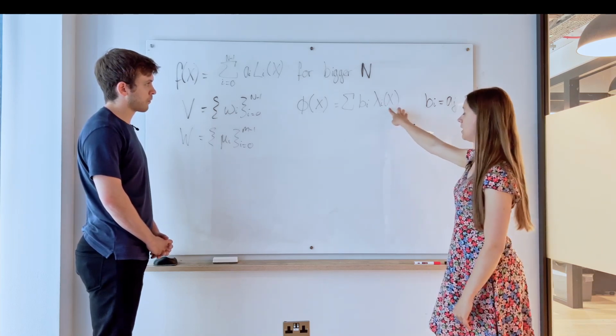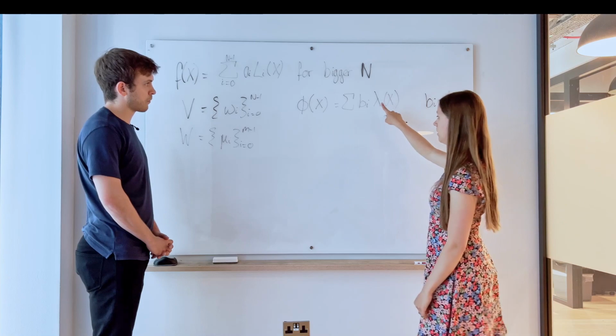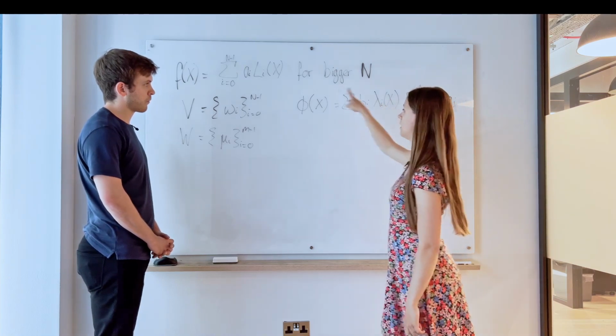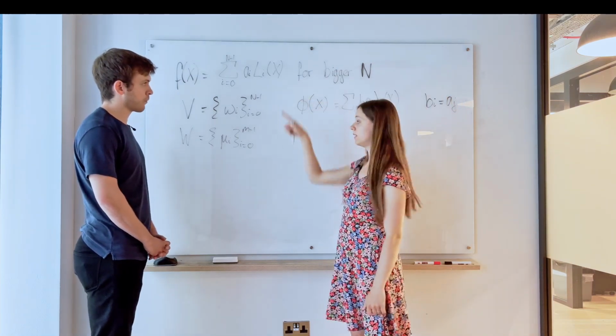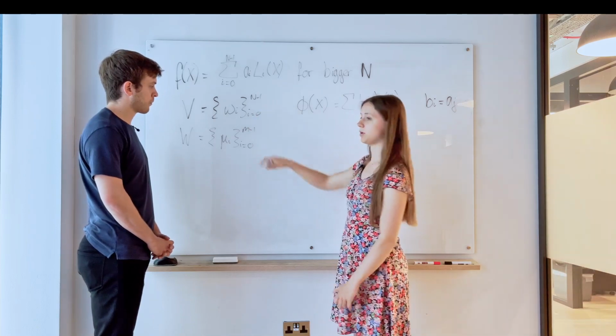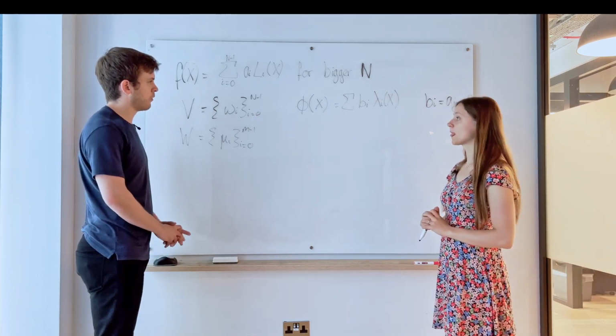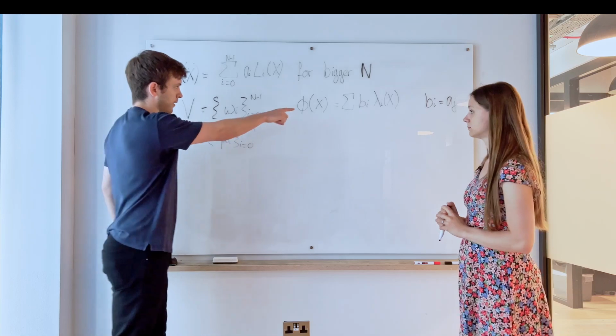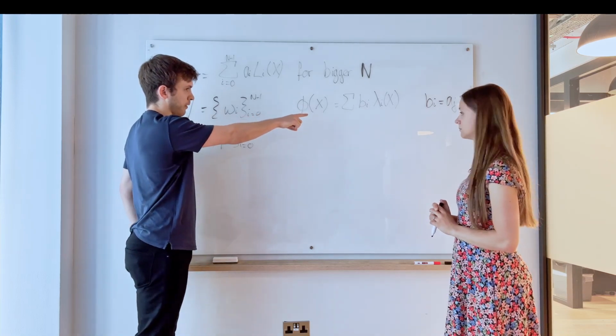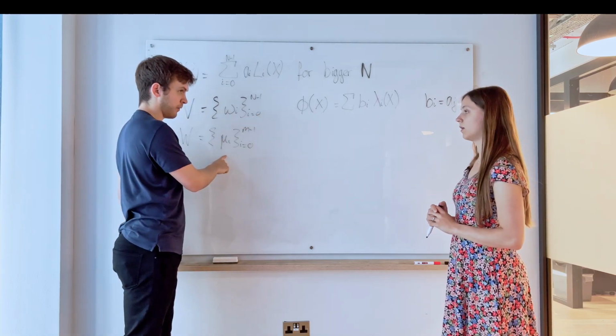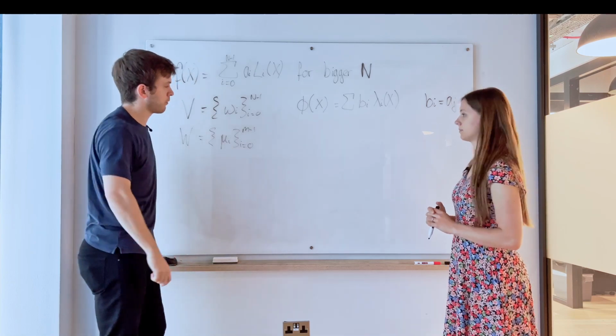But we're not going to have it that lambda_i and L_i are the same set, and equally V and W are going to be different sets. So just for my understanding, are those lambda Lagrange polynomials over the set of mu's? Yes, okay.